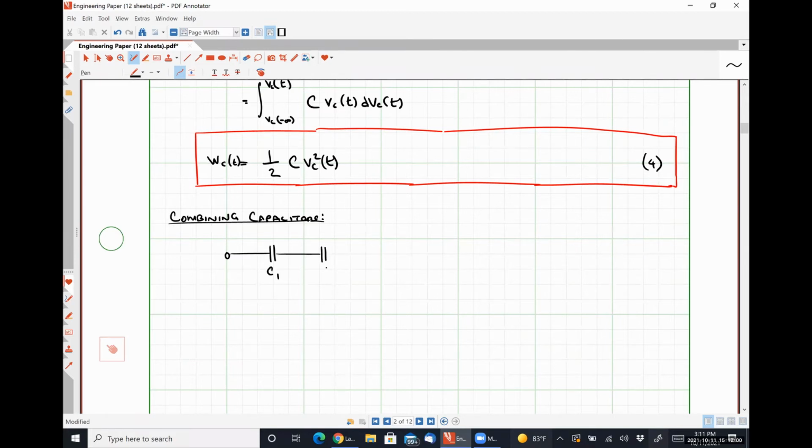So let's call this one C1, this one C2, all the way out to some capacitance C sub n.